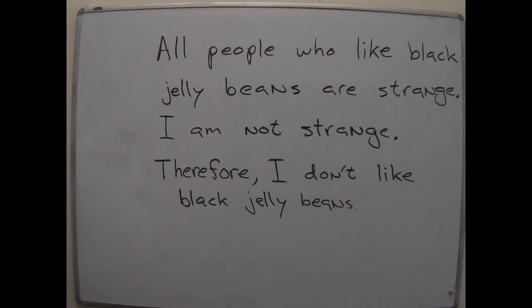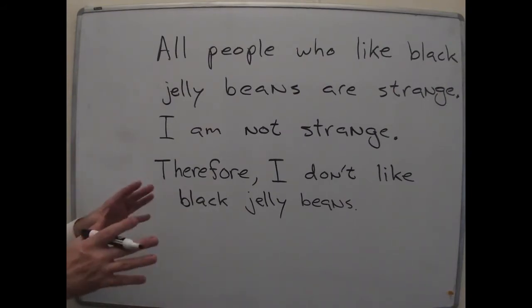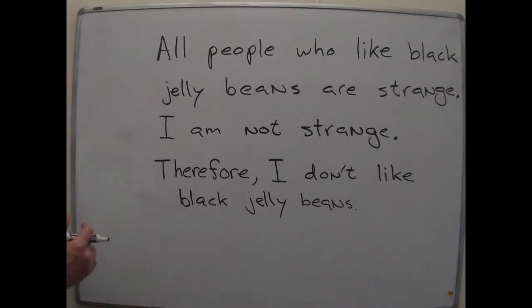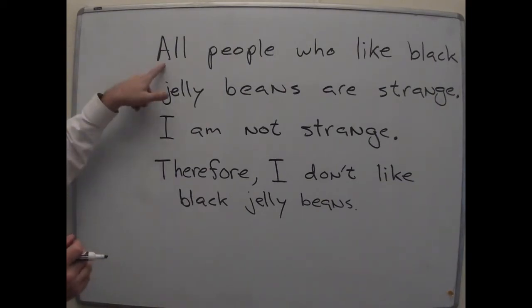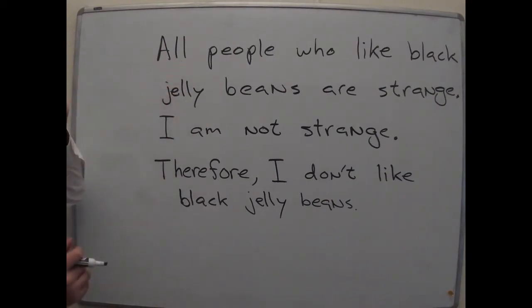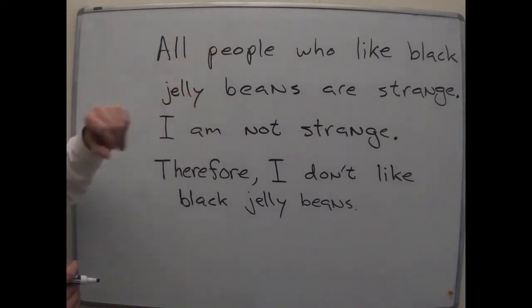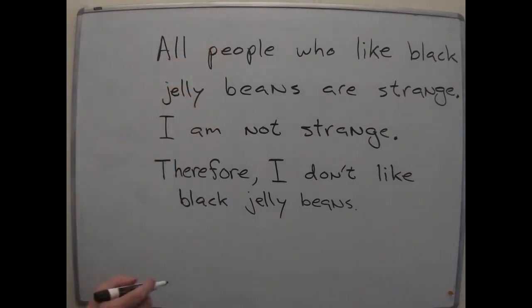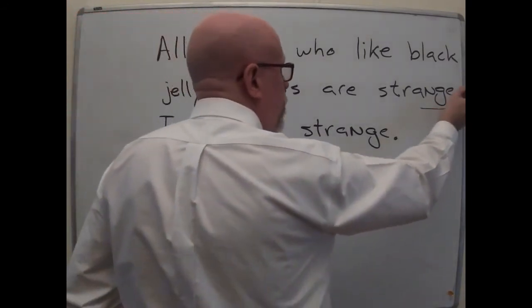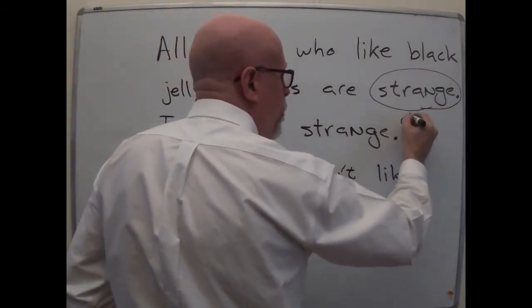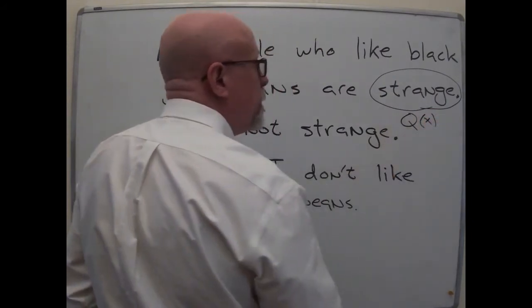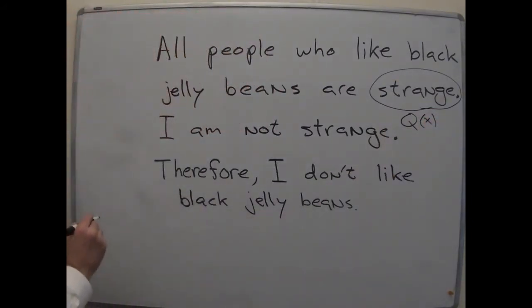Let's see if we can identify what the premises are, what the predicates are that are used in this thing. First off, it's clearly universal, and I think the conclusion of this thing, if you see it as an if-then, is relatively quick. It's just strangeness, right? So that's your Q of x. X is strange. The other part is a little longer. All who like black jelly beans.